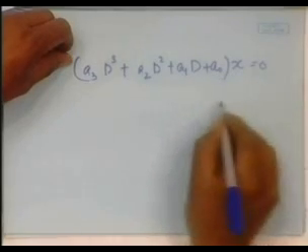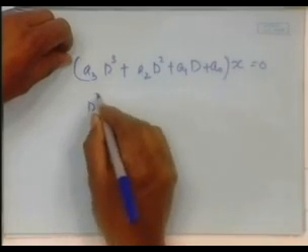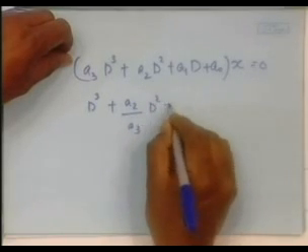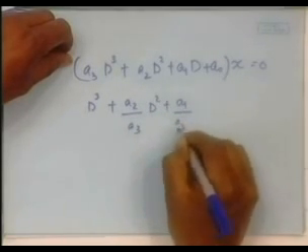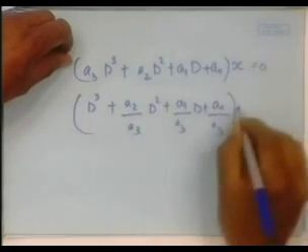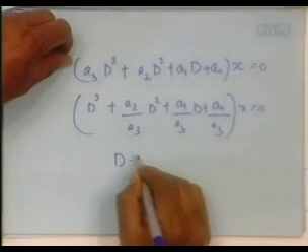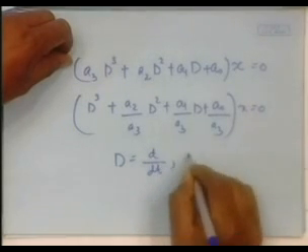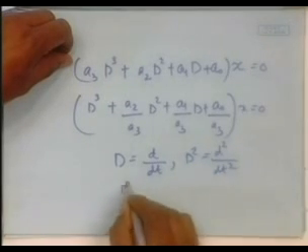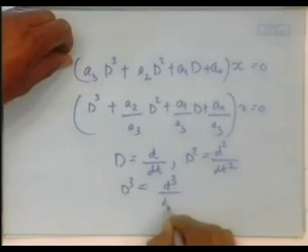If you divide by a3 throughout, you can write D cube plus a2 by a3 D square plus a1 by a3 D plus a0 by a3, into x, is equal to 0, where D is the operator d by dt. So you can say D square is equal to d square by dt square and D cube is equal to d cube by dt cube.